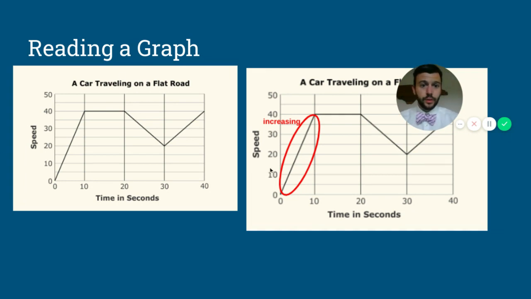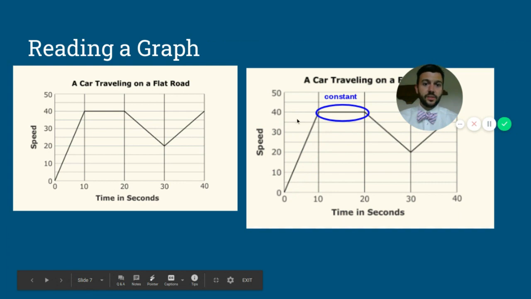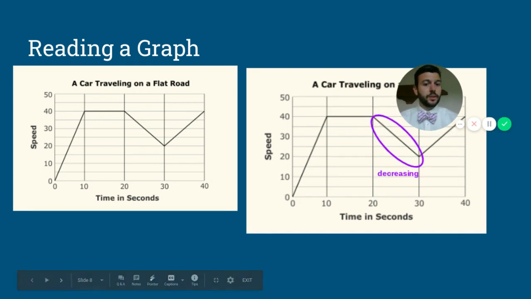The more vertical that line is. So right here, the section I've circled in red shows that the speed is increasing. Okay, next, the line is straight across, but my y-axis is speed. The speed is not changing, so that means it's moving at a constant speed. The next section of the graph, it starts to decrease.